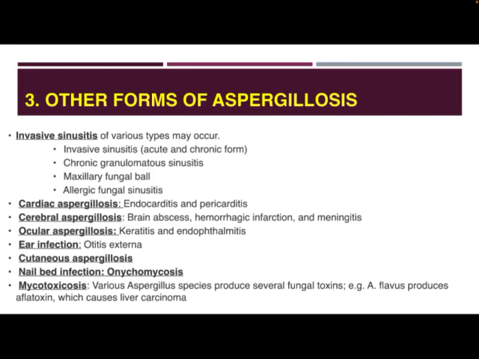So besides pulmonary and invasive forms, the other types include cardiac, cerebral, ocular, ear infection, nail bed infection, and mycotoxicosis. It also includes invasive sinusitis, which may be seen in allergic persons. Here, allergic fungal sinusitis may occur.